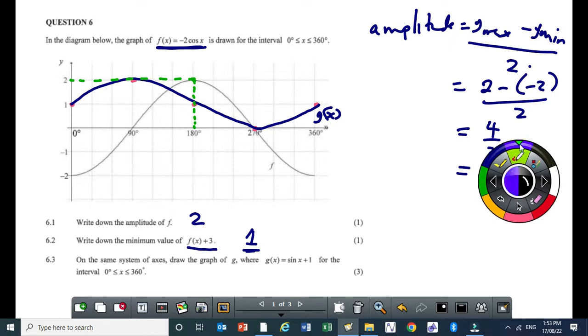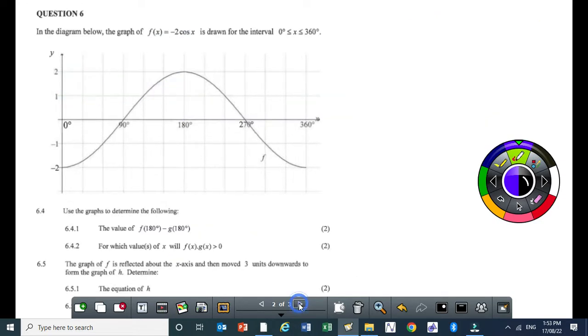Then for the sine graph, x is equal to 180, the value of y is 1. So f of 180 degrees minus g of 180 degrees is going to be equal to 2 minus 1, which is 1. Are you following that? Yes.